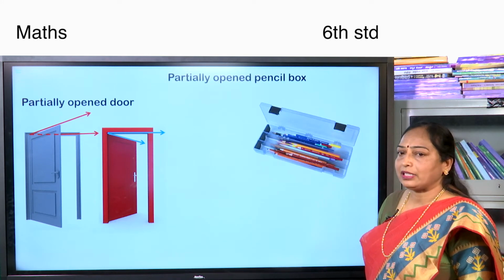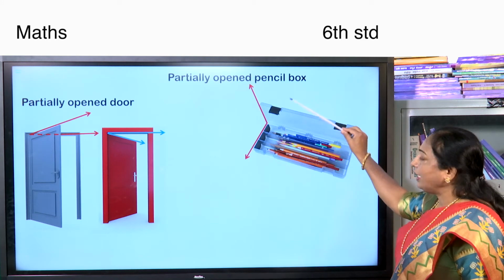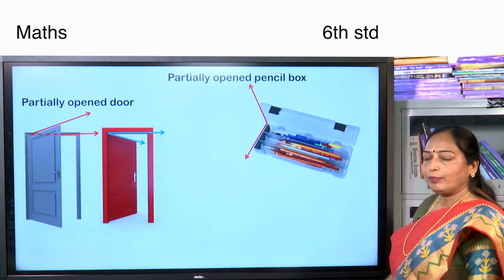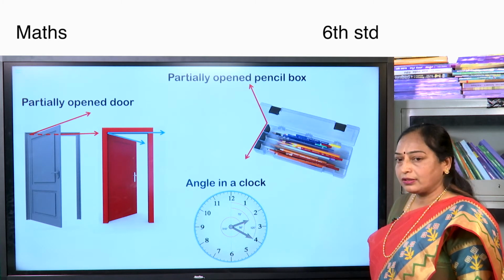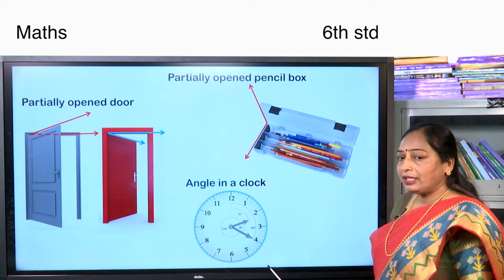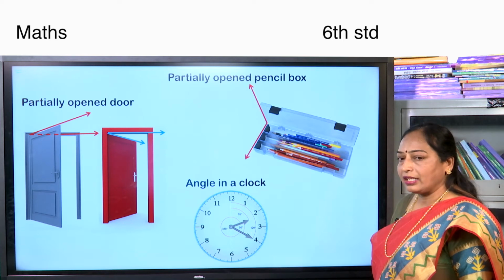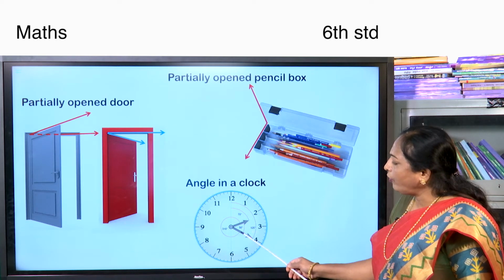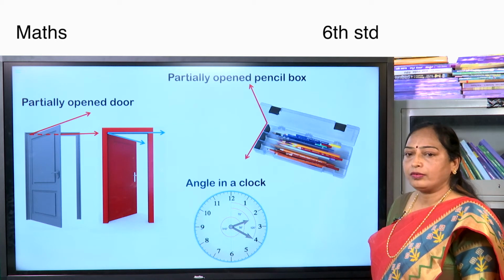In a partially open pencil box, we can see the angle between the lid and the base of the pencil box. Angle in a clock: it has two hands, the minute hand and the hour hand. Every time they are changing their angle. We can see different types of angles in the course of a day.